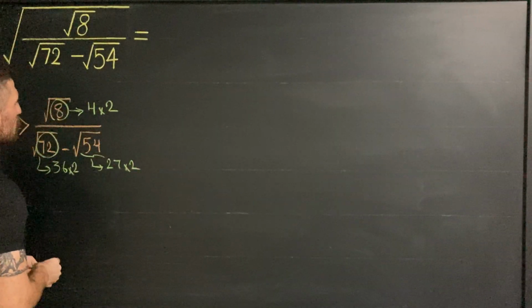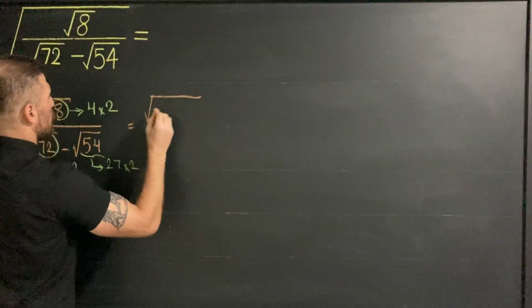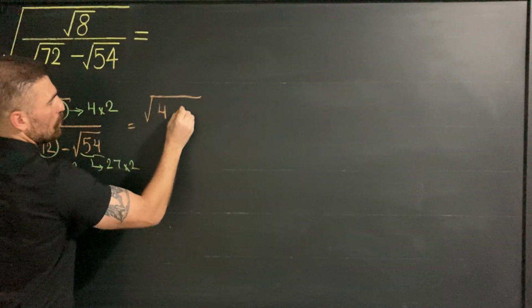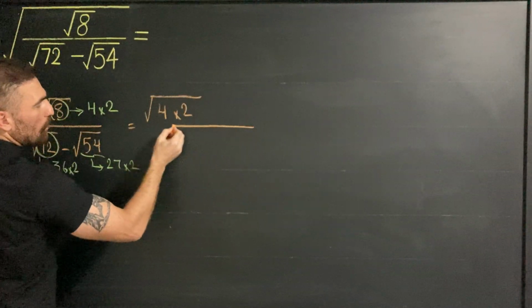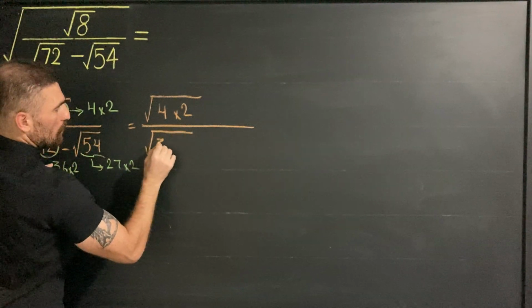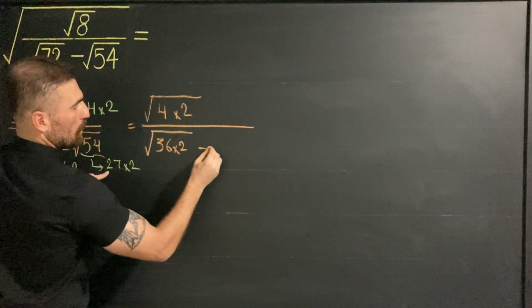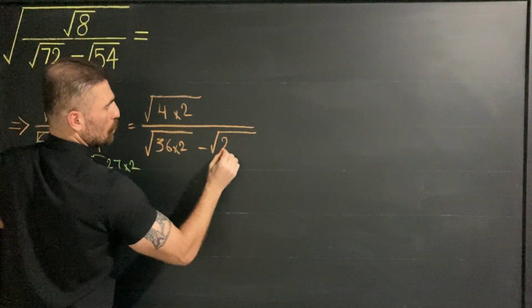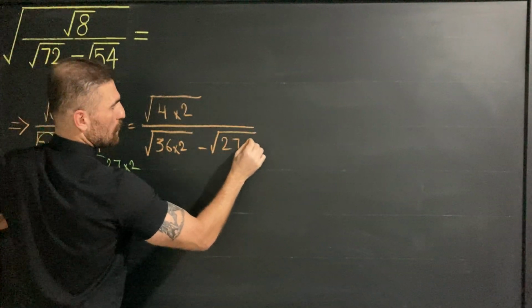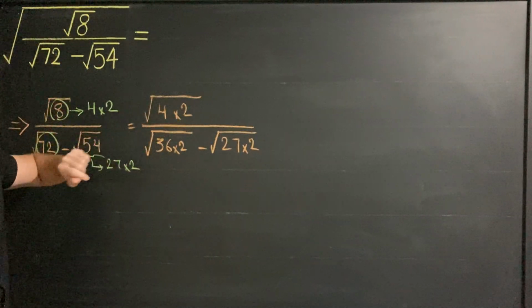So let me rewrite them here in the form of second root of 4 times 2 over second root of 36 times 2 minus second root of 27 times 2.